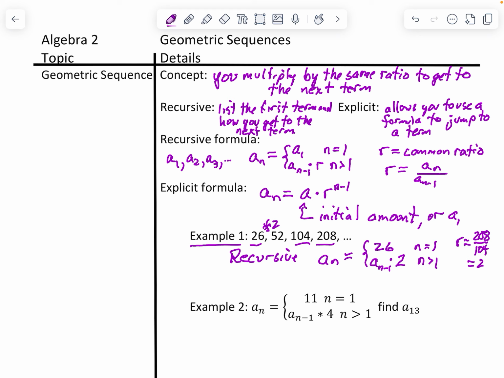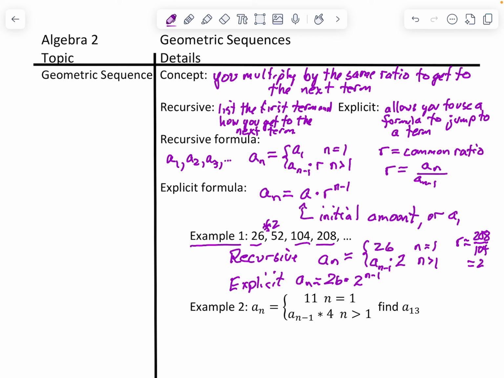All right, now let's do the explicit formula for this one. Using our format for the explicit formula, we're going to make a sub n equal to the first term, which is 26, times the common ratio, which is 2, to the n minus 1 power.